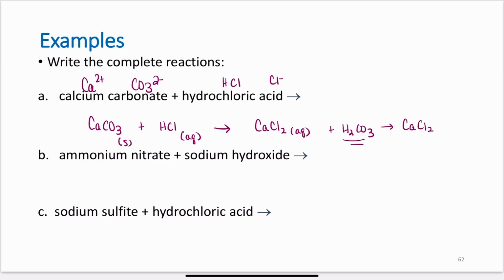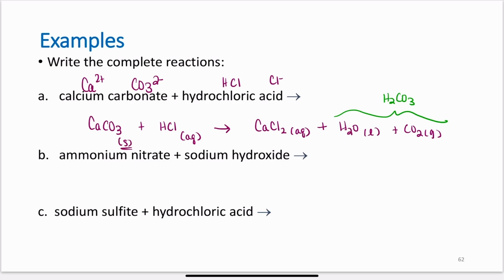So the actual products of this reaction will be calcium chloride plus water and CO2. Now, you may wonder why a solid is reacting with HCl? Well, because HCl is an acid, and it's going to react with it. But this H2O and CO2 came from the other product, the H2CO3, which actually forms H2O and CO2.